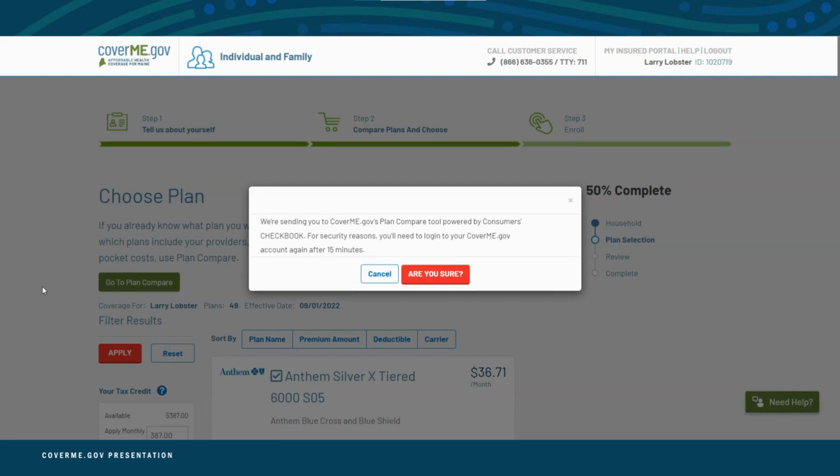It is important consumers know that they will need to log back into their CoverME.gov account after using Plan Compare from their account if they browse plans for more than 15 minutes. Consumers should write down the name and IDs of any plans they wish to select so they can remember the information when returning to their account if their session times out. Select Are You Sure to proceed to the Plan Compare tool.